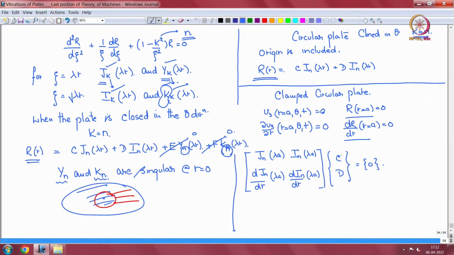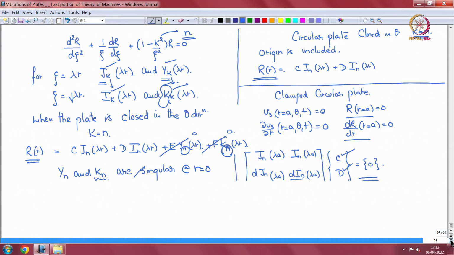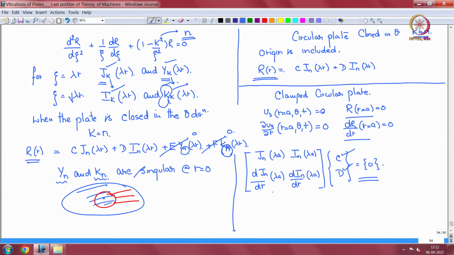So again, for non-trivial values of C and D, if this has to hold, then the determinant of this matrix must be 0. Determinant of that matrix must be 0. That means J_n(lambda a) times minus dI_n/dr (lambda a) minus dJ_n/dr (lambda a) times I_n(lambda a).